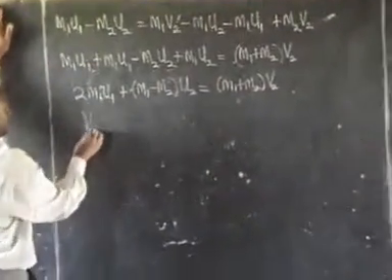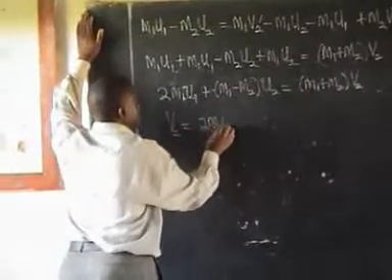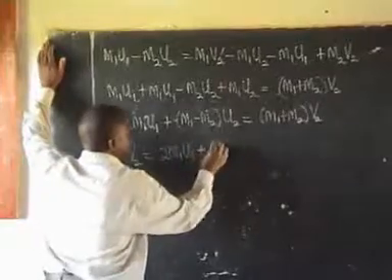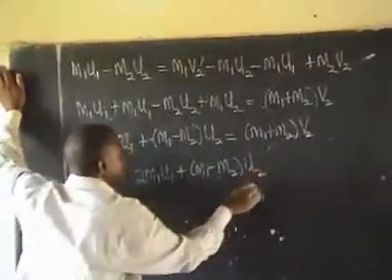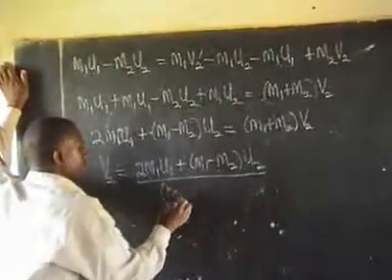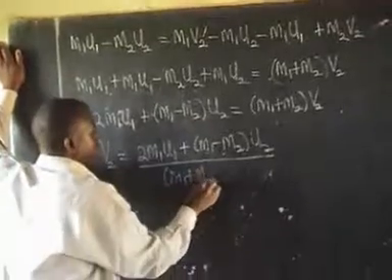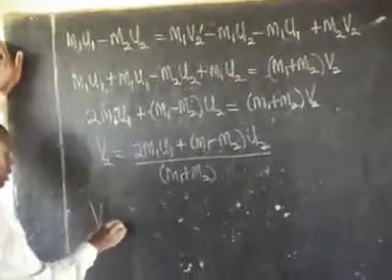So our V2 in this case is equal to 2 M1 u1 plus (M1 minus M2) u2, divided by M1 plus M2.